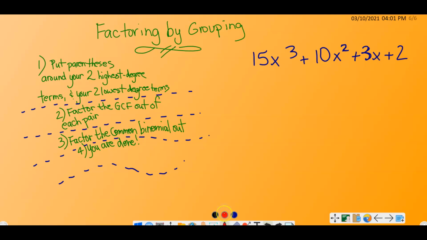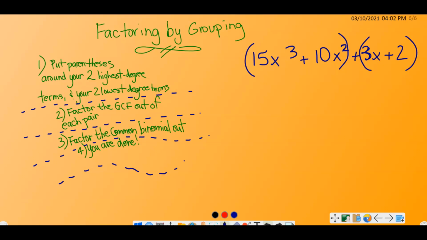Step 1, the first thing we're going to do is put parentheses around our 2 highest degree terms and our 2 lowest degree terms, okay? Step 2, factor the greatest common factor out of each pair.